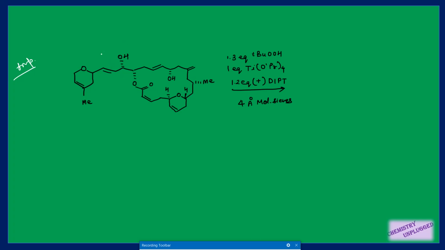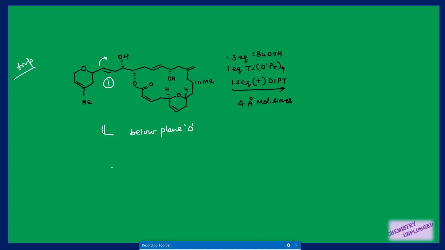For this, first you have to understand that when you rotate this double bond, right, this bond is going upward, meaning it will come on the right hand side. So with plus DET you should attach oxygen below the plane for the first one, right.